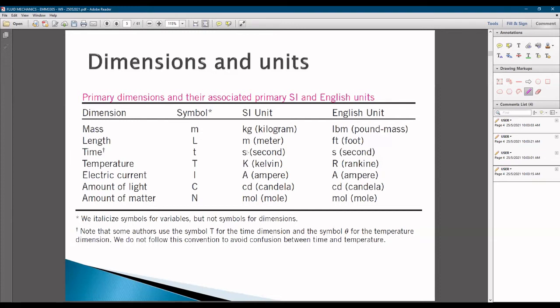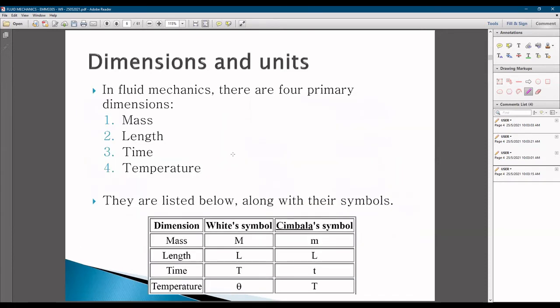Okay, and not to forget that some other books might use different symbols. As you can see down here, I have one particular table where there are two different books, for example, one from White and the other one from Cengel and Cimbala.